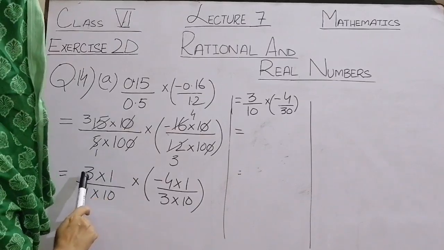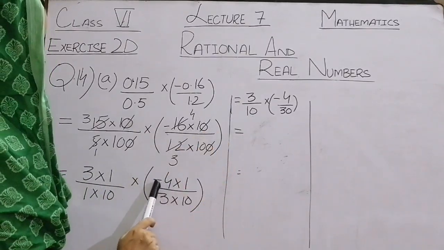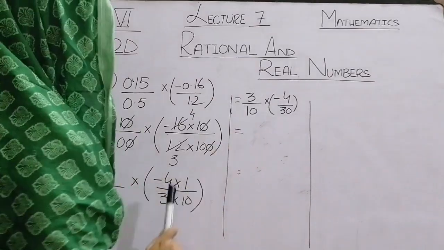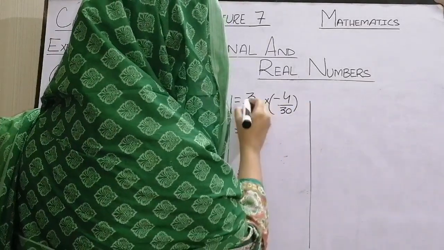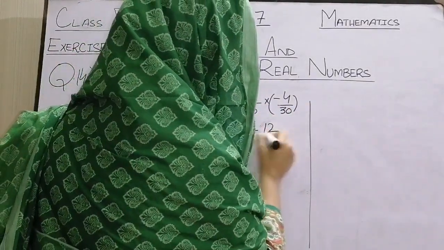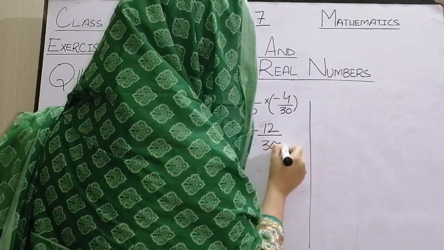So we are left with 3 ones are 3, 10 ones are 10, minus 4 into 1 minus 4, 3 tens are 30. Multiply these. 3 fours are 12 and 10 into 30 is 300.